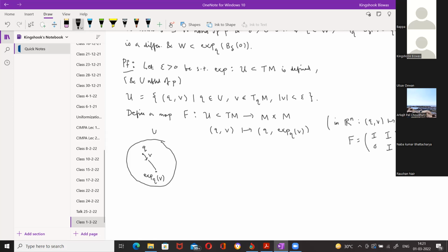So if I put the V on top and the Q below, then it's this way. This might confuse you a bit for what we're going to do. But anyway, you can see this map is invertible, right? Yes, this map is invertible.